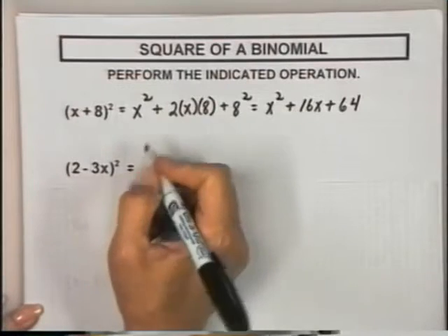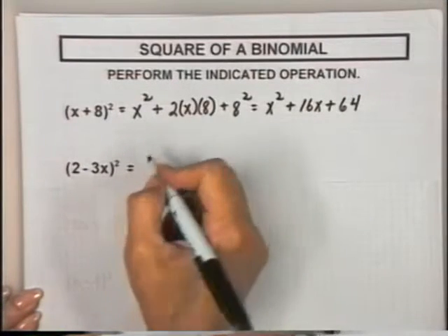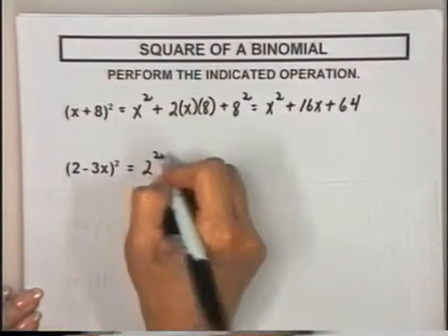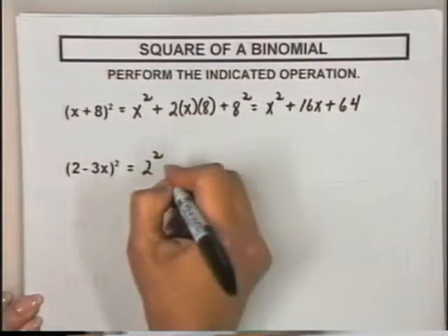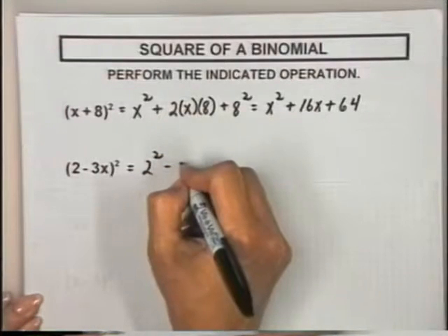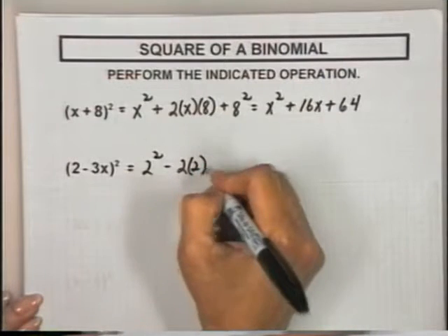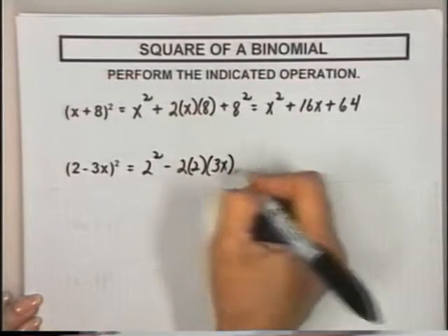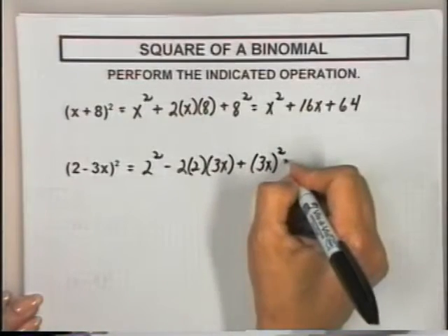For the next problem, we are squaring 2 subtract 3x. We will square the 2. We will get the sign for the middle term. A positive times a negative will give us a negative. We want to say 2 times the first term, which is 2, times the 3x. Last, we need to square the 3x.